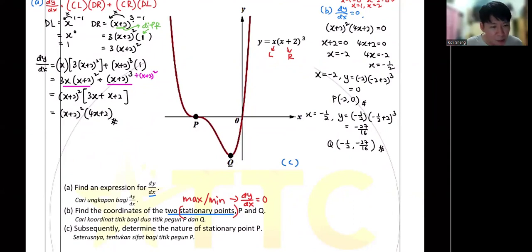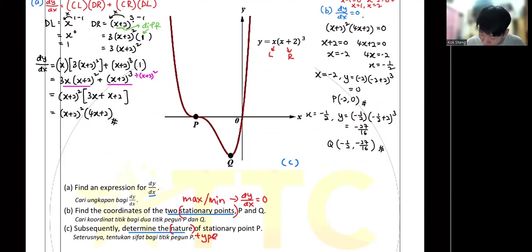Okay, question C here. Subsequently, determine the nature of stationary point P. The nature is not the nature that you know, okay? The nature just means type. What type is the stationary point P? Yep.